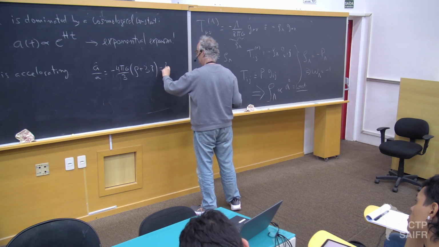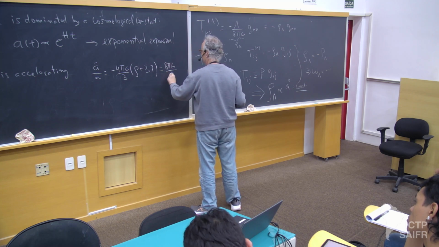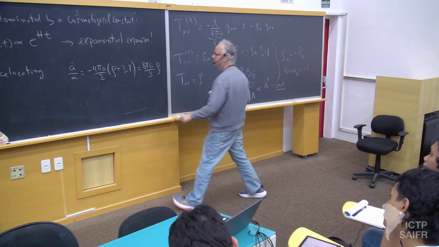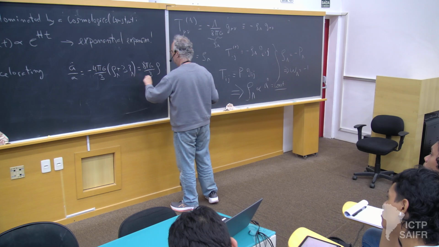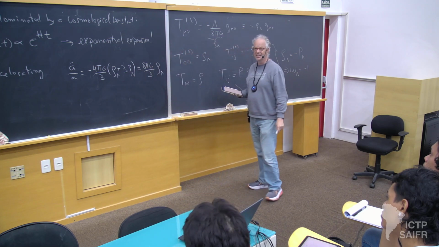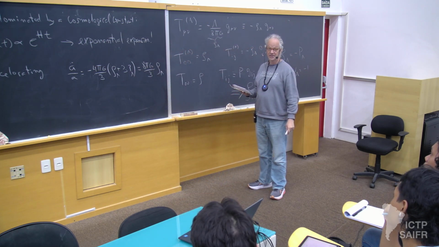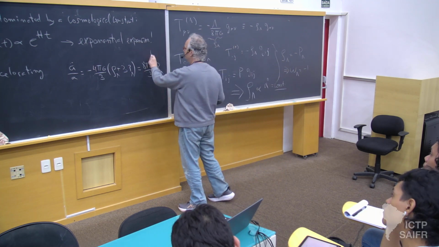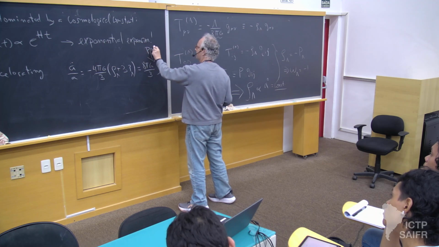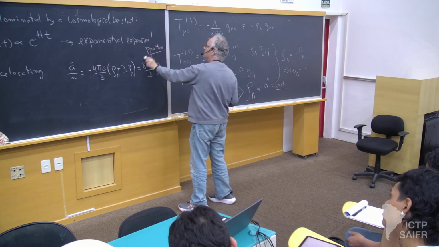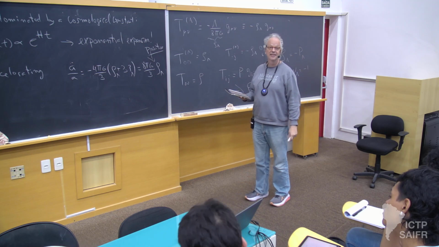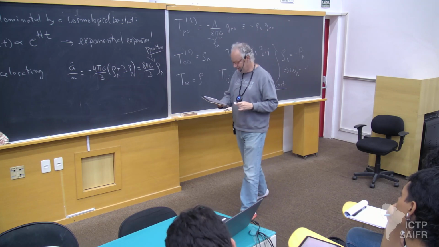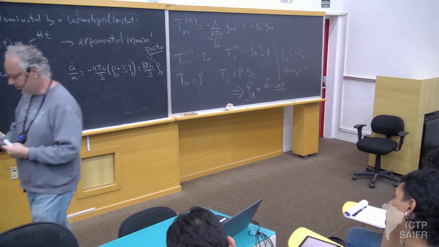So this is 8 pi G over 3 rho, if I didn't make any mistake. So if this is lambda dominated, it means that the acceleration is positive. So the universe is accelerating today. And this is what was discovered in 1998 and led to a Nobel Prize in 2011: that the universe is not only expanding, the expansion is accelerating.